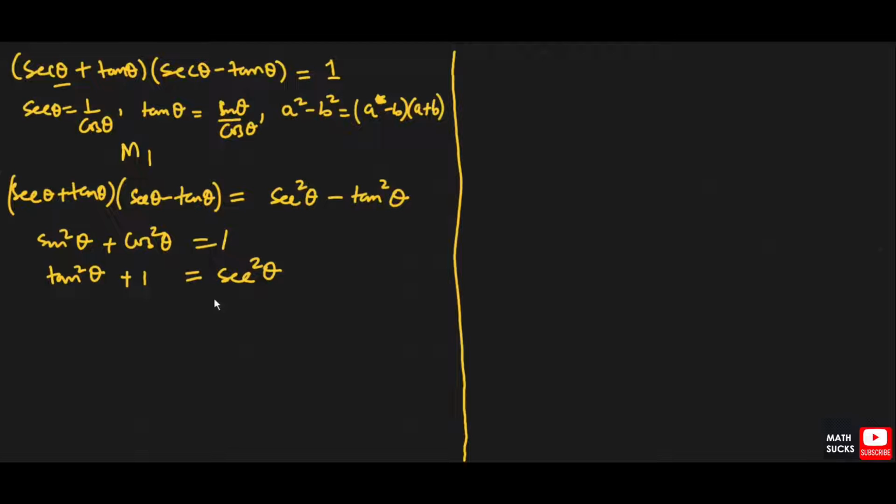So if we take tan squared to this side, we are left with 1 is equal to sec squared theta minus tan squared theta. So what we have condensed here is equal to 1, and that is how we can easily prove it.